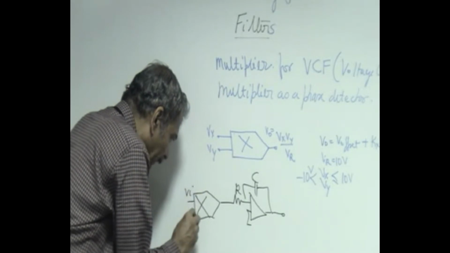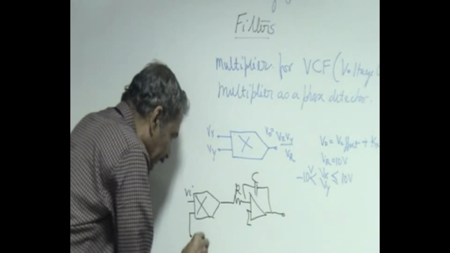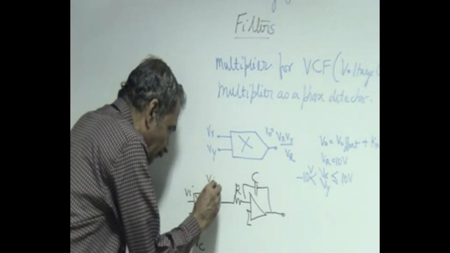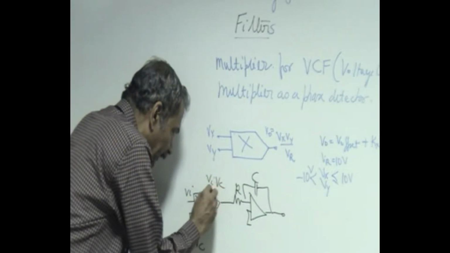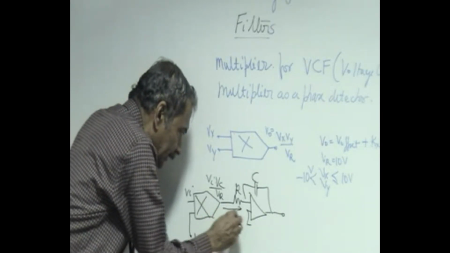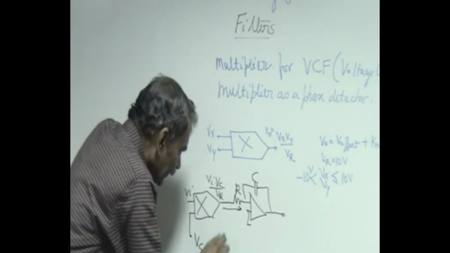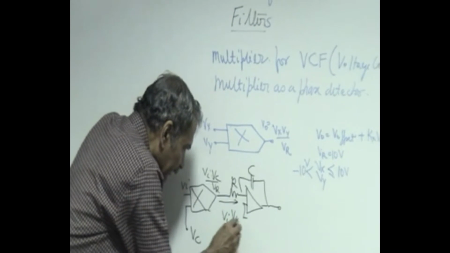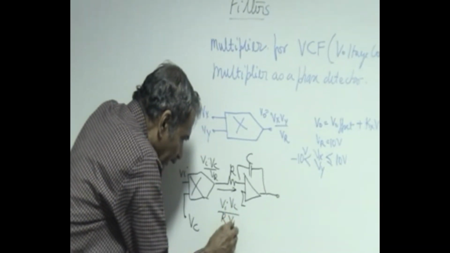So this Vi is applied here, and this is the control voltage. Now this voltage becomes Vi Vc by Vr, and therefore the current, which was Vi by R, changes to Vi Vc by R into Vr.